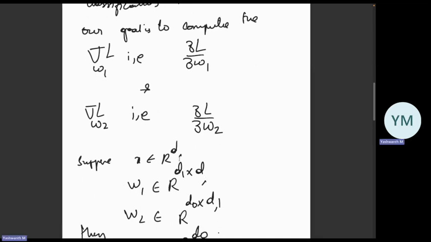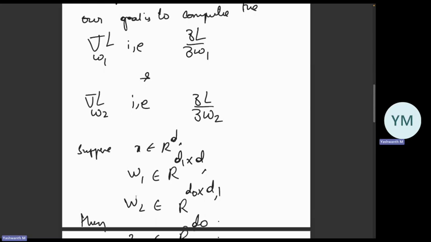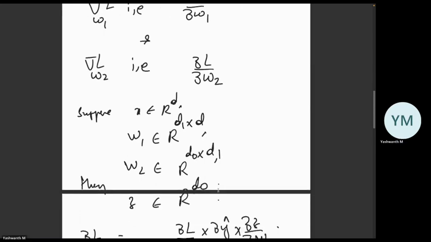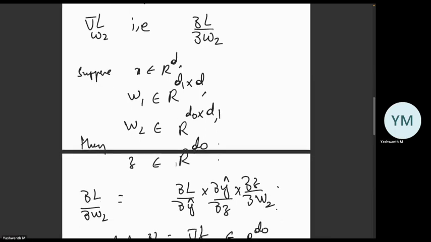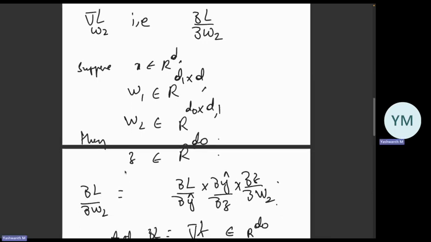To make things concrete, we assume X, the input, lies in D-dimensional space, the matrix W1 lies in D1 cross D space, and the W2 matrix lies in D0 cross D1 space. D0 represents the output dimension. So Z belongs to R to the D0. So does Y hat. Y hat and Z have similar dimensions.